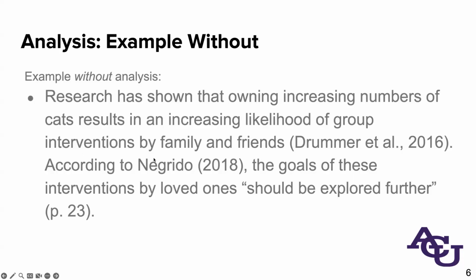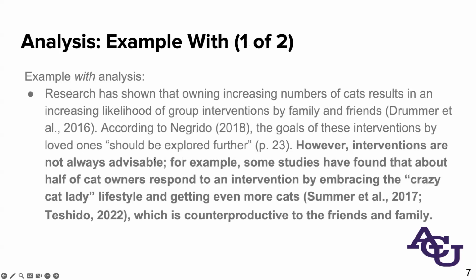Yeah, so what could we do to improve this and actually use analysis? Here's an example, the same information, but now we have included analysis. Research has shown that owning increasing numbers of cats results in an increasing likelihood of group interventions by family and friends. According to Negrito 2018, the goals of these interventions by loved ones should be explored further.